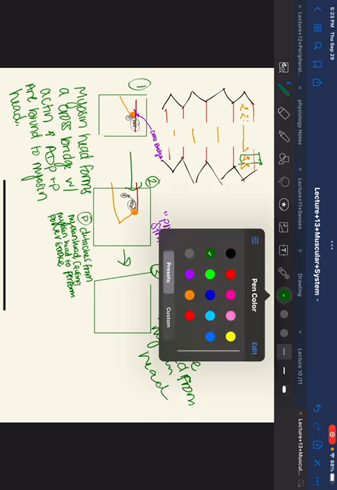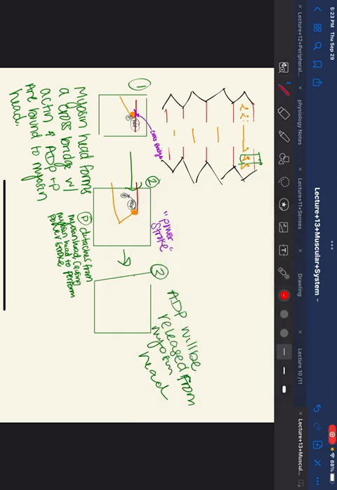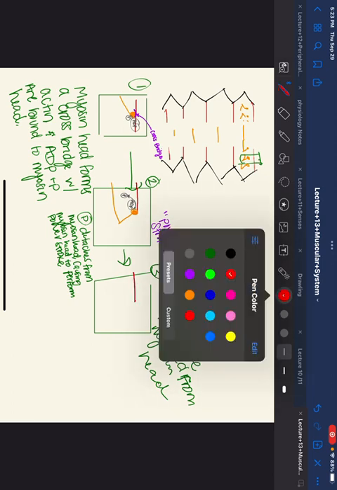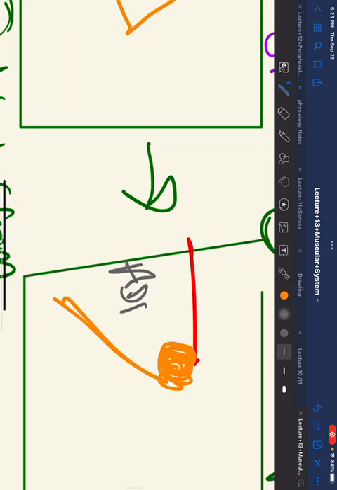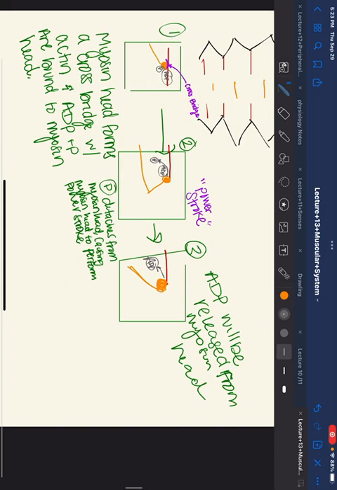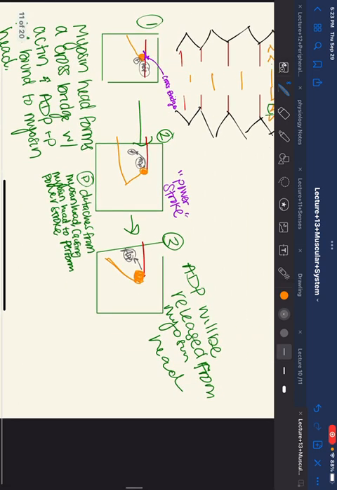But now, ADP has popped off. And this is known as the rigor state. For someone that is in rigor mortis, this is how their myosin heads interact with the actin. They're attached and they're kind of locked into that position.